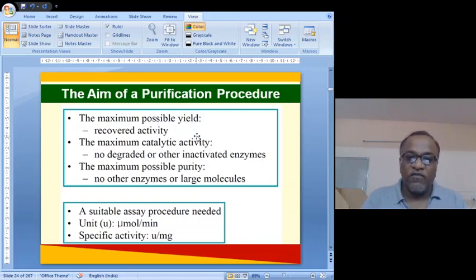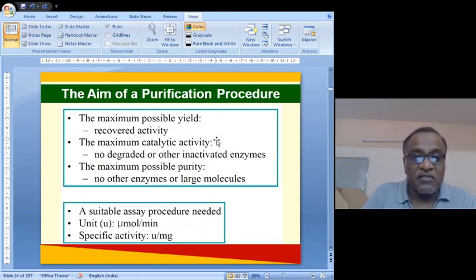And when you fulfill these two, the third important criterion is maximum possible purity. So no other enzymes or large molecules should be present as impurity, because purification of an enzyme is very critical. So you should have more yield, retain the catalytic activity even after purification, and possibly the purity.